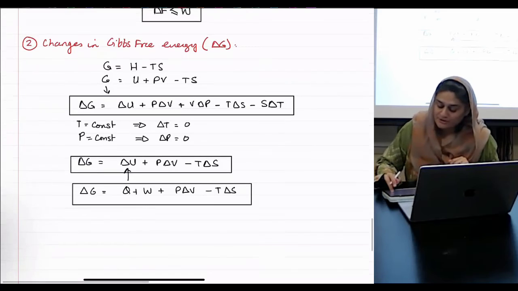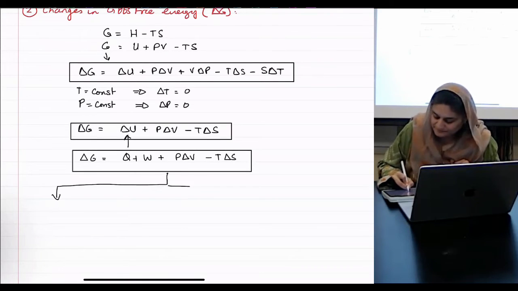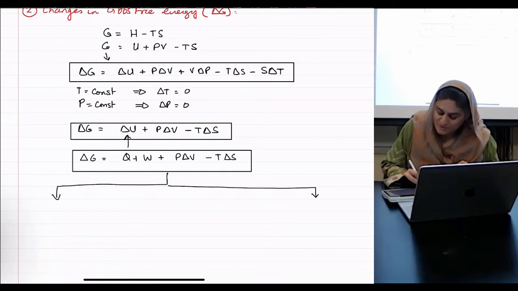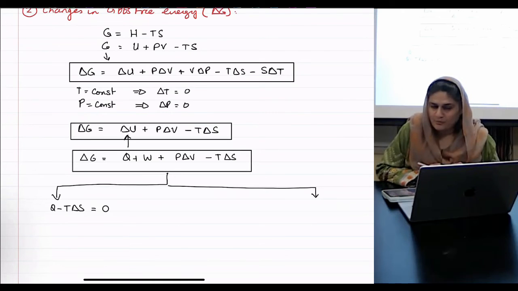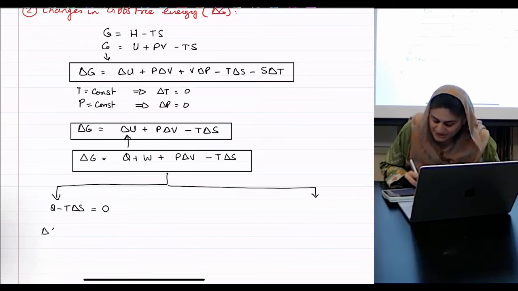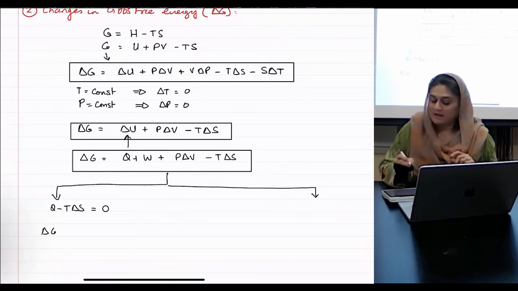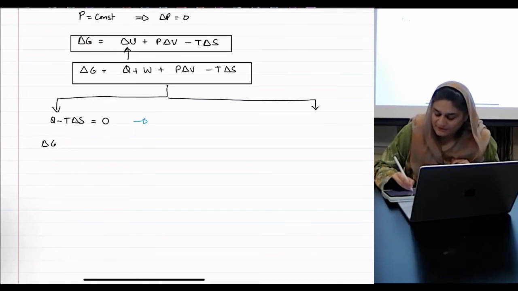Now, again, there are two cases. Case 1 is when Q minus T delta S is 0, which implies delta G. Do you guys see how that Q minus T delta S came into existence? Okay, oh, by the way, what do we know about entropy?